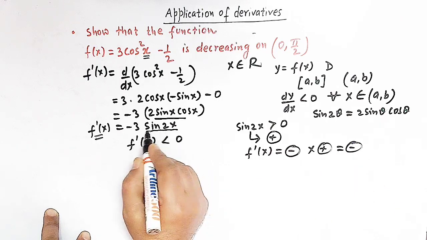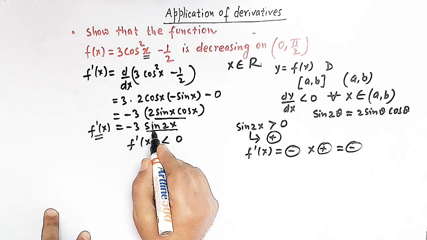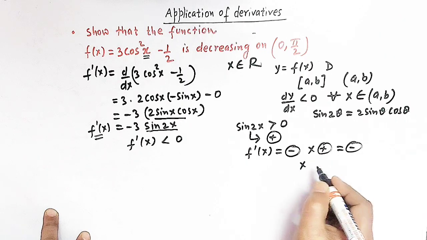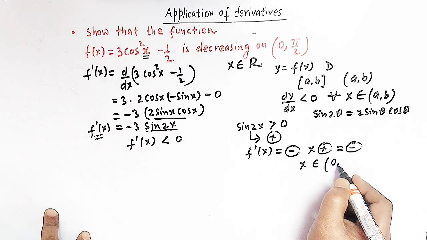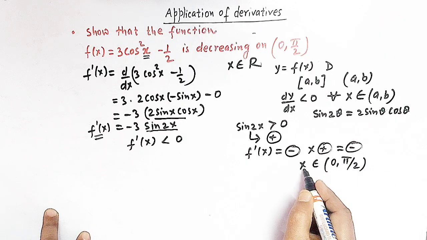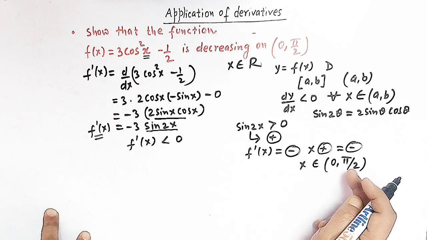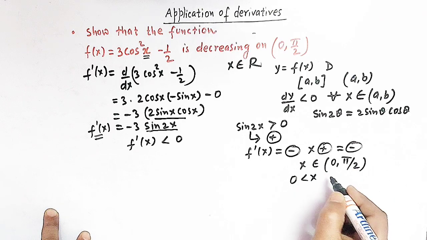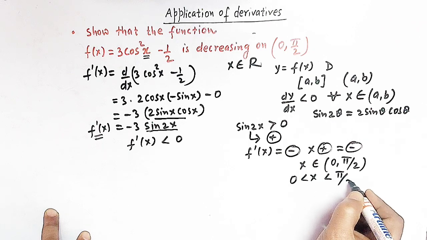So now let us consider the sign of sine 2x in the interval x belonging to 0 to pi by 2. So x belonging to 0 to pi by 2 implies that we have x greater than 0 but less than pi by 2.